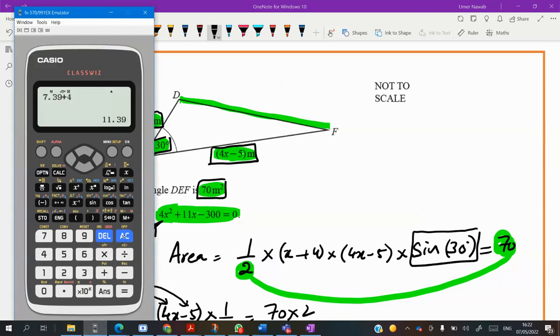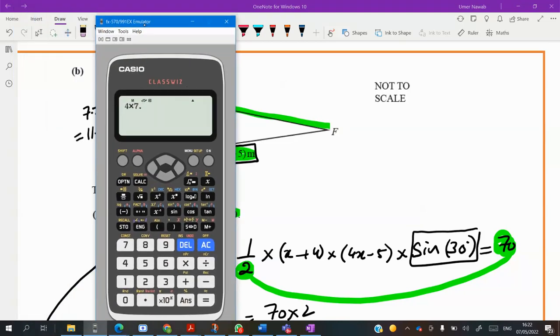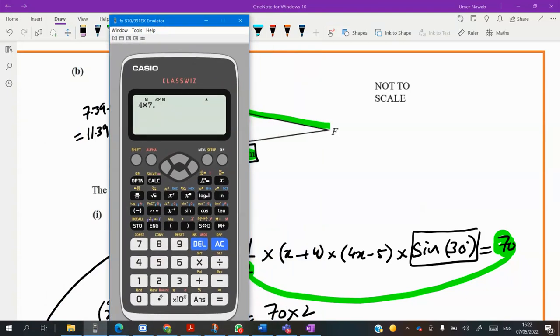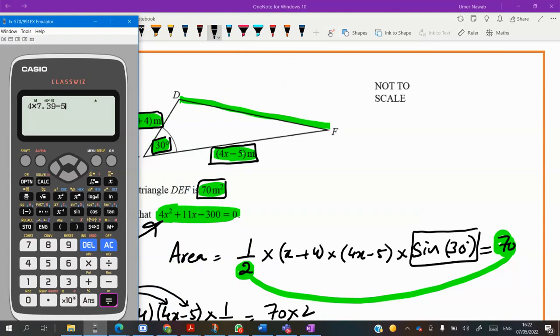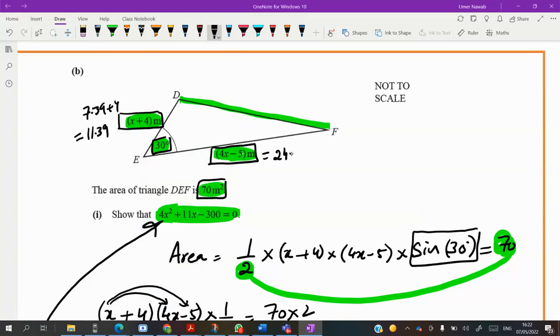And then 4x, 7.39 minus 5 will give me 24.56.